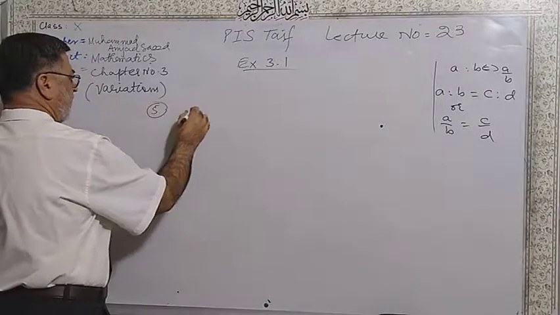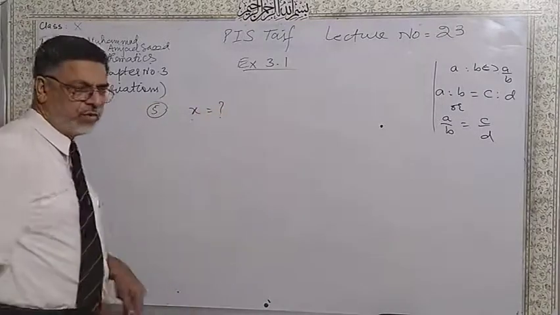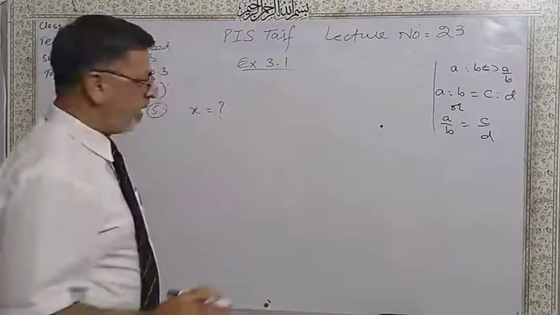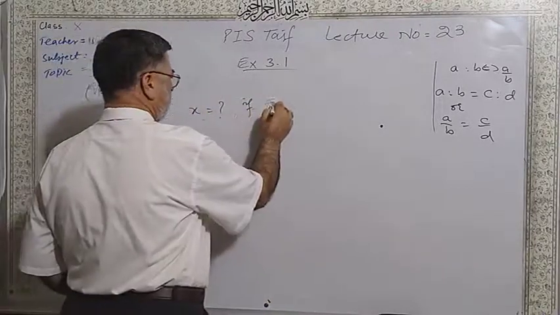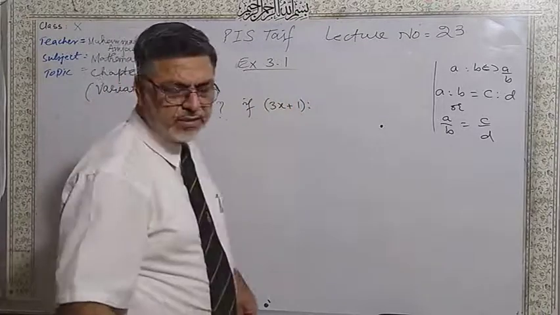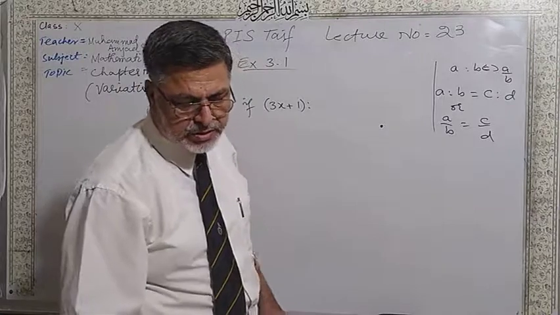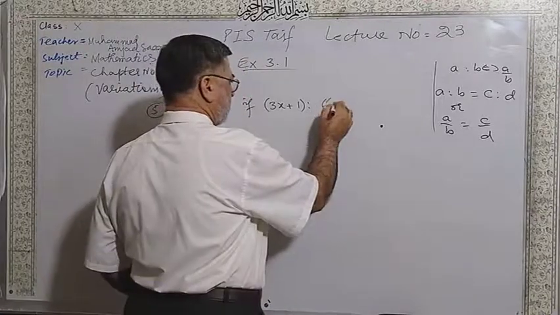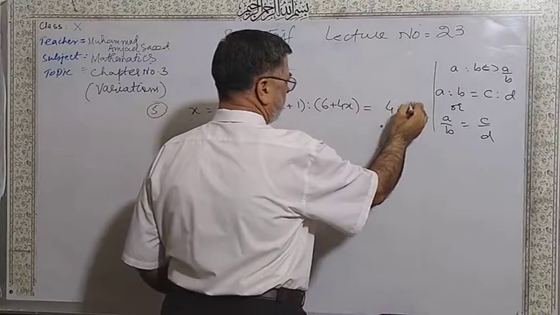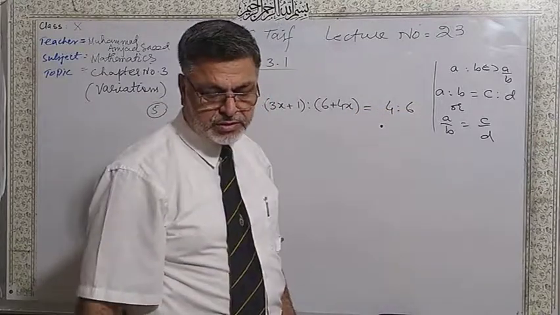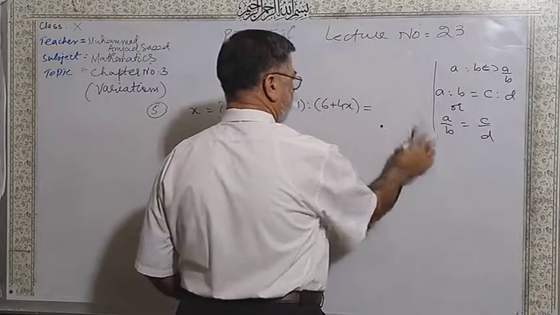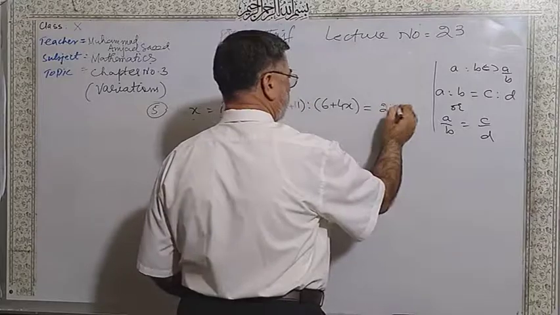You have to find the value of x if 3x plus 1 ratio 6 plus 4x is equal to 2:5.